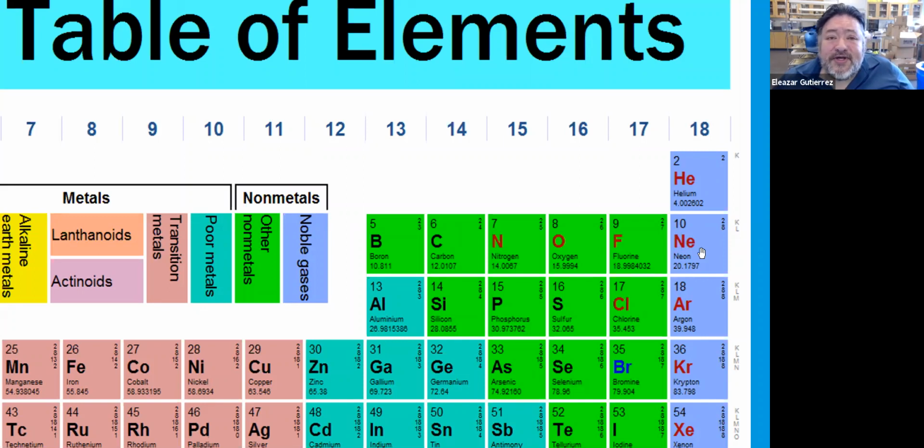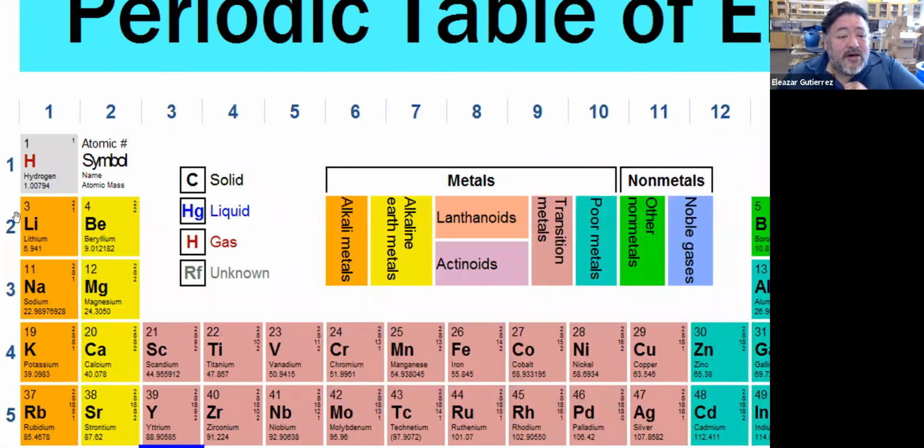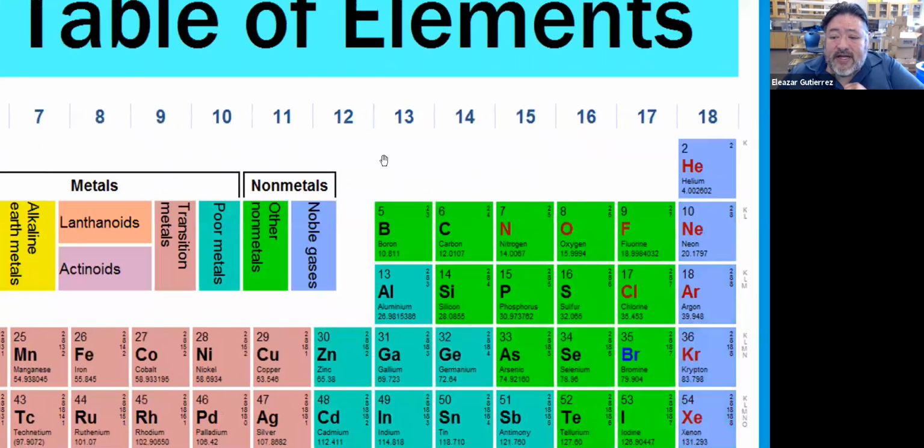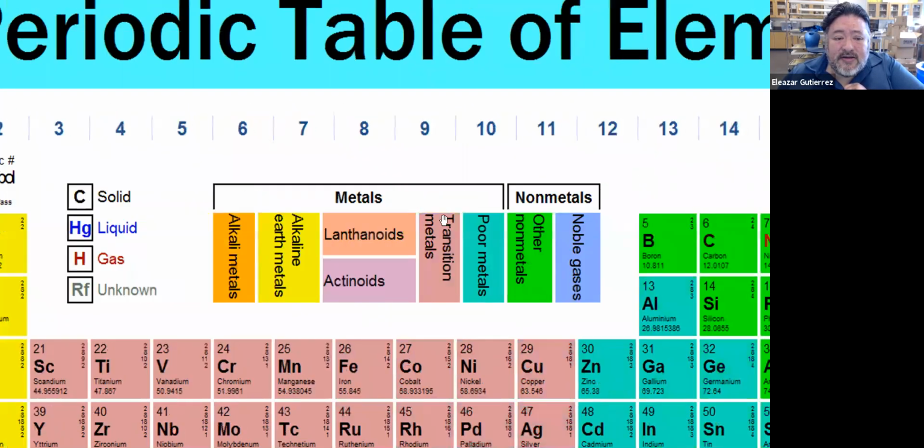Which one of those 2 do you think is easier to do? Lose 1 electron or gain 7? I'm willing to bet that losing 1 electron is easier. So therefore, lithium typically loses an electron in order to be like helium, okay?